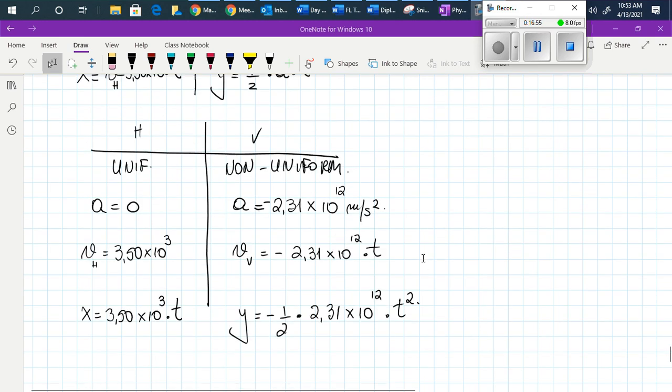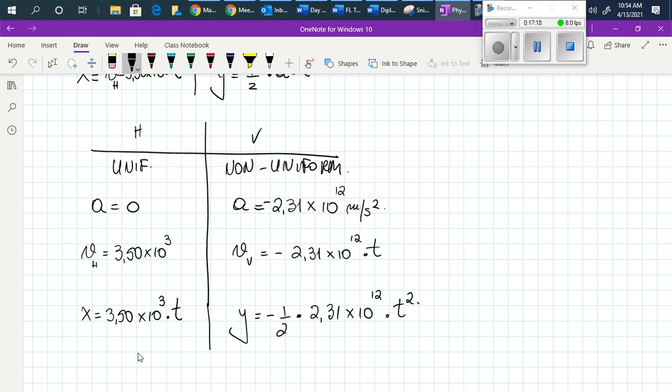And then the velocity will be this, and the Y will be whatever is the equation here. Now, the question was, how long will it take to hit the other plate, to reach the other plate, and what is the range?